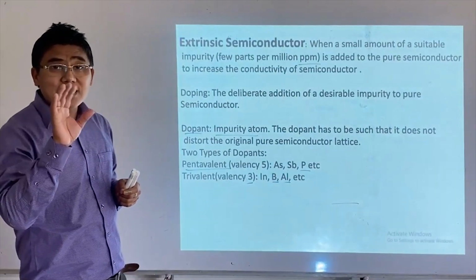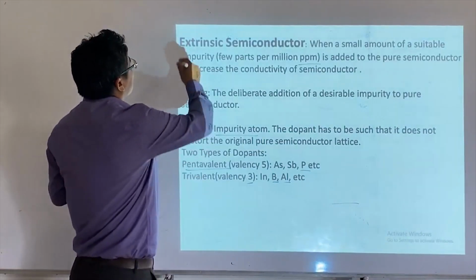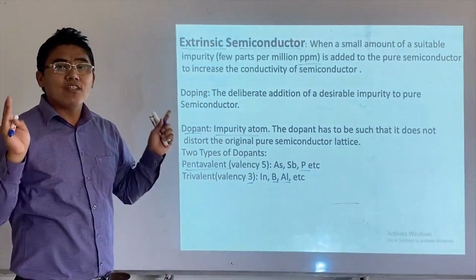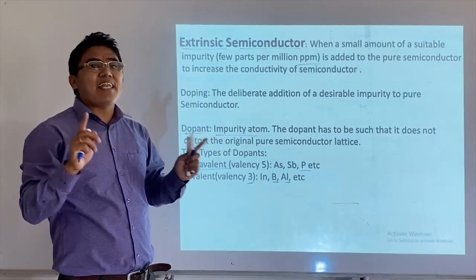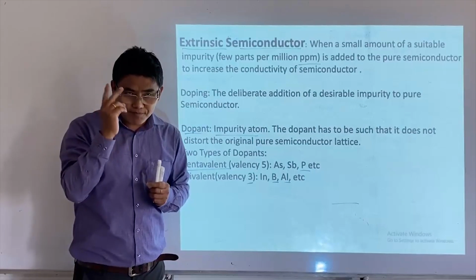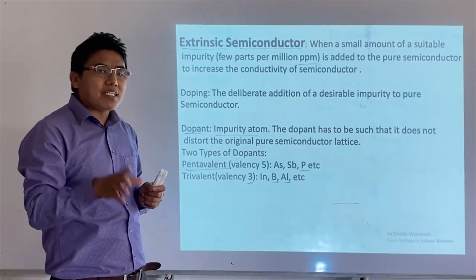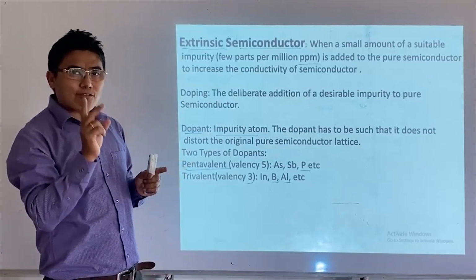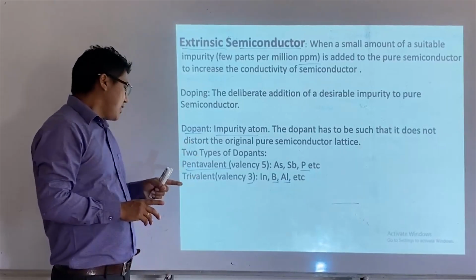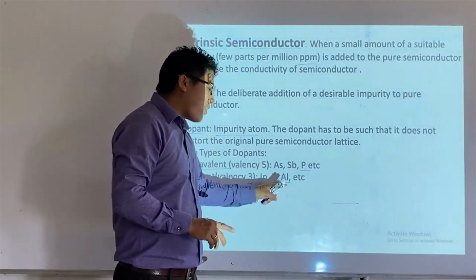Based on these dopants, we divide extrinsic semiconductors into two semiconductors: P-type semiconductor and N-type semiconductor. So we have two types of extrinsic semiconductor, based on the type of dopant you use. We have two types of dopants, pentavalent and trivalent. For pentavalent we normally use phosphorus, and for trivalent we normally use boron and aluminum.